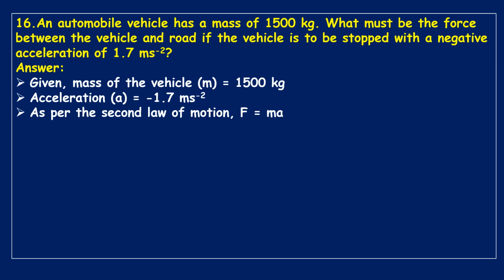So considering these three physical quantities, the formula we choose is Newton's second law of motion, F equal to the product of mass and acceleration. Now, if you substitute the values in the F equal to ma formula, in place of mass we put 1500 kgs, in place of acceleration negative 1.7 meter per second square. If you multiply it, you will get negative 2550 newtons.